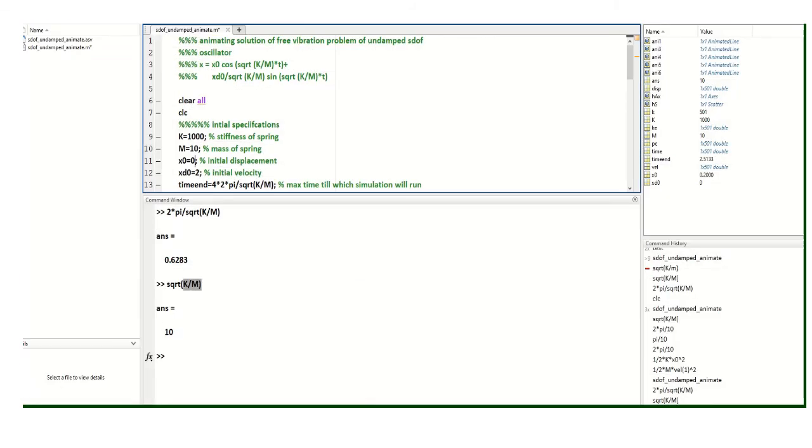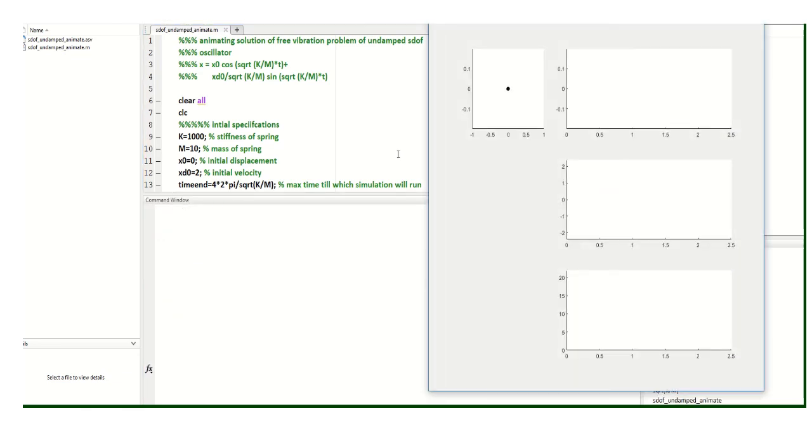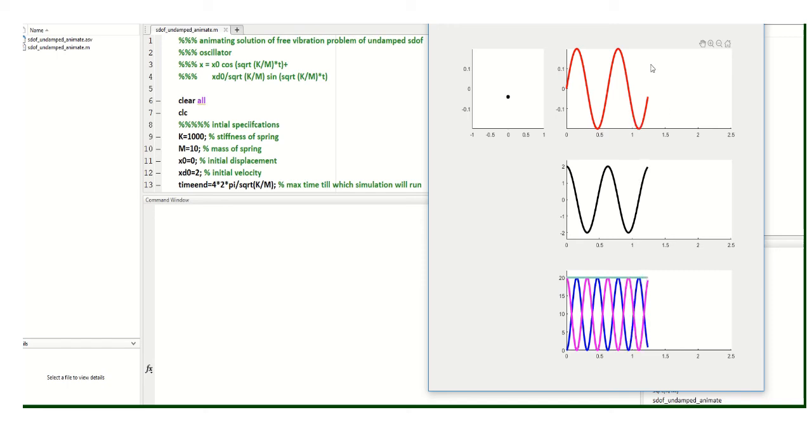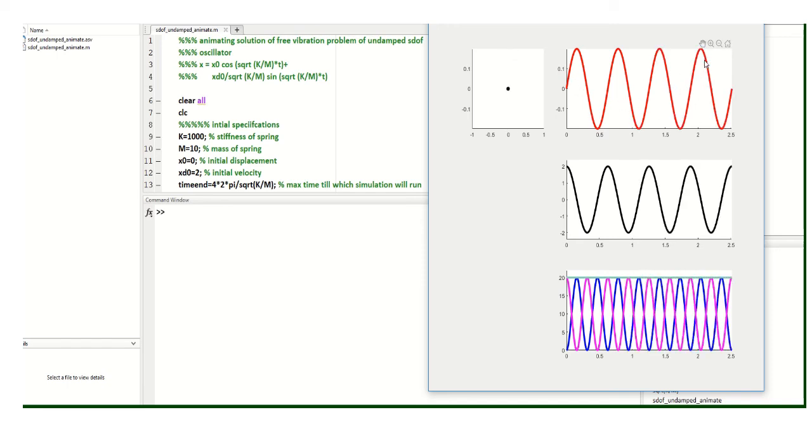See, the period is the same, and now it is very clear that in the beginning and at the end, after 4 cycles, the mass is at the equilibrium position itself.